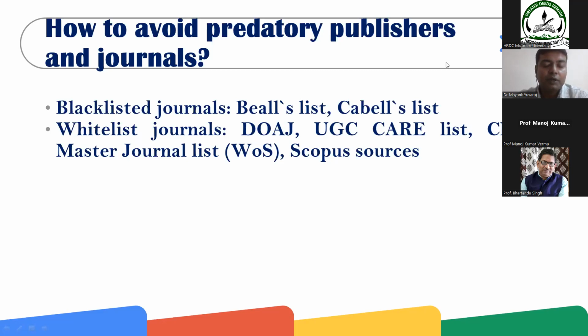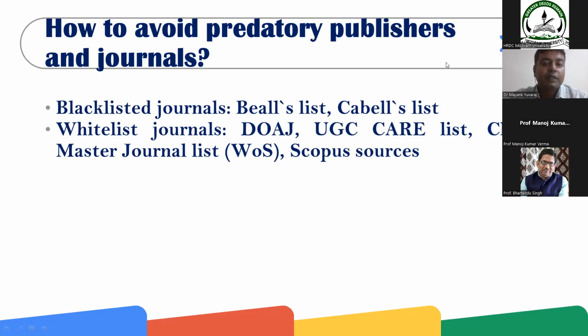And the tools are like DOAJ. DOAJ is basically a directory of open access journals. Then the UGC CARE list is there, which I showed you earlier. It was launched in 2019 just to curb the growth of predatory journals. Then the Clarivate Master Journal List is there, which includes a list of journals indexed in Web of Science.